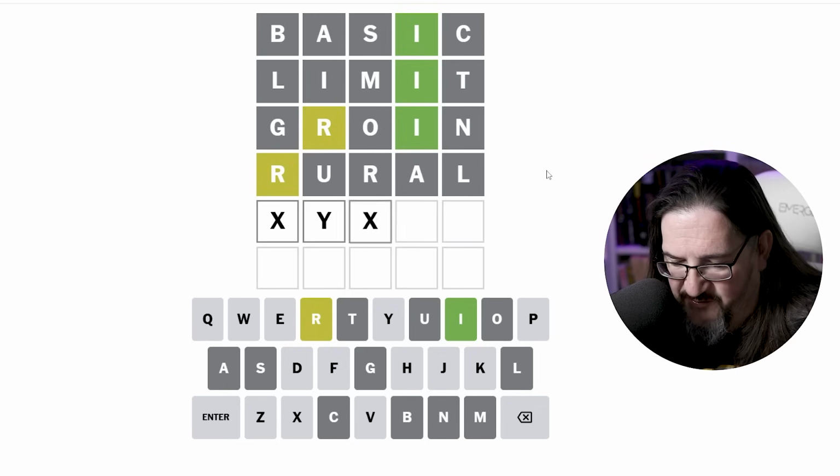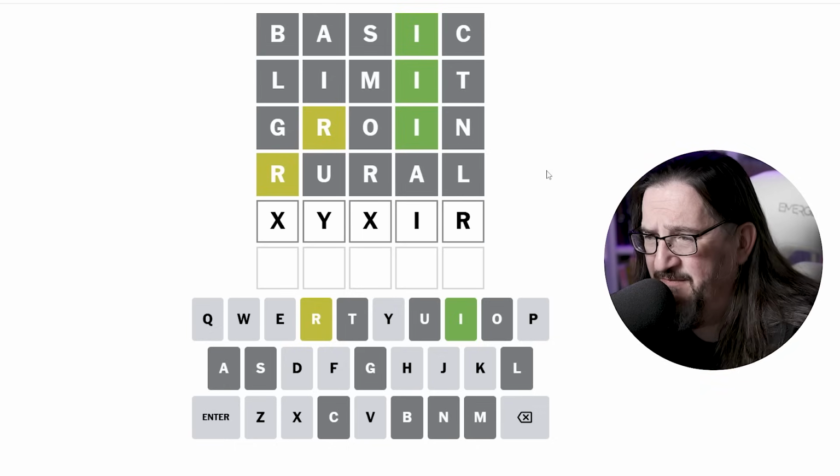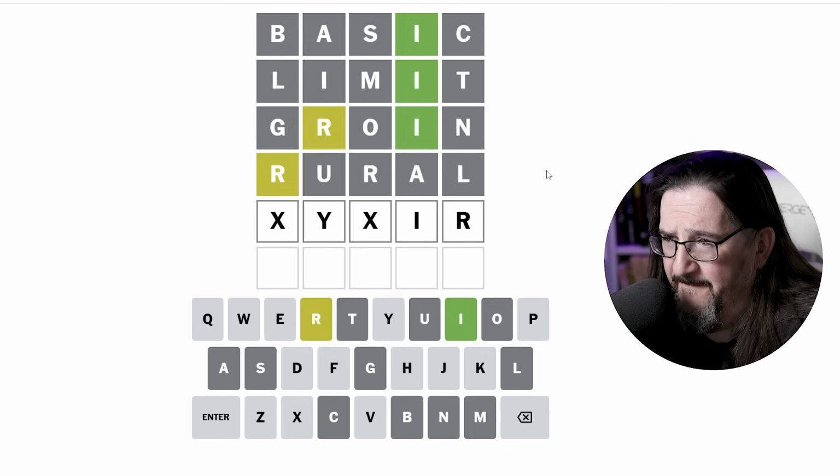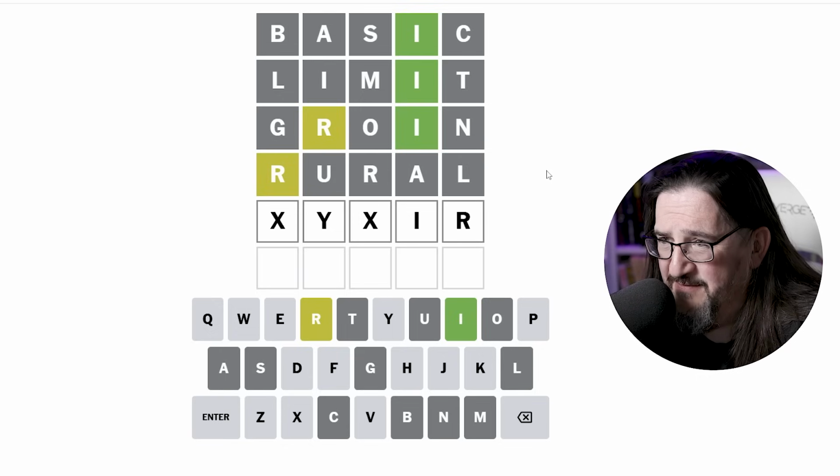I'm willing to look at almost every visualization here. None of this makes any sense. EY blank IR? Oh boy. I don't see it. I don't see it.